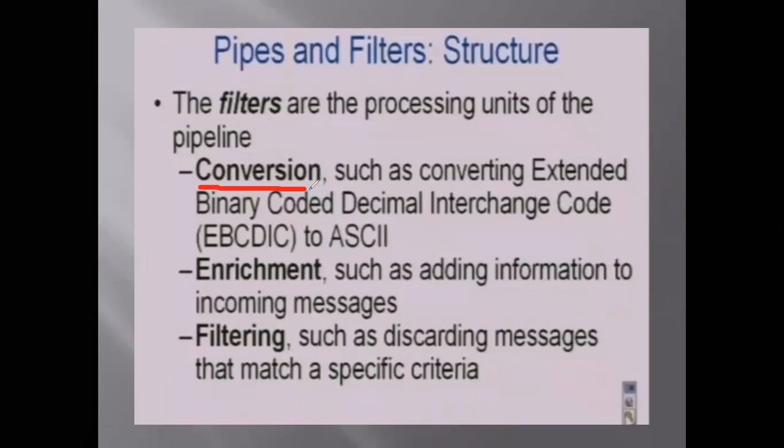These are explicit specializations we can add to a filter. A filter can even do the task of enrichment, where it adds some information to the incoming message. And the filter can also do the filtering job, which is nothing but discarding messages which are not really needed and which match a specific criteria.